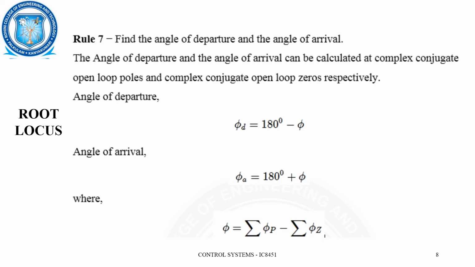Similarly, for all the zeros present, the angles at which they are directed towards that particular open loop pole, their summation gives phi z. That difference makes phi. This phi is subtracted from 180 degrees in the case of angle of departure, and added to 180 degrees in the case of angle of arrival.